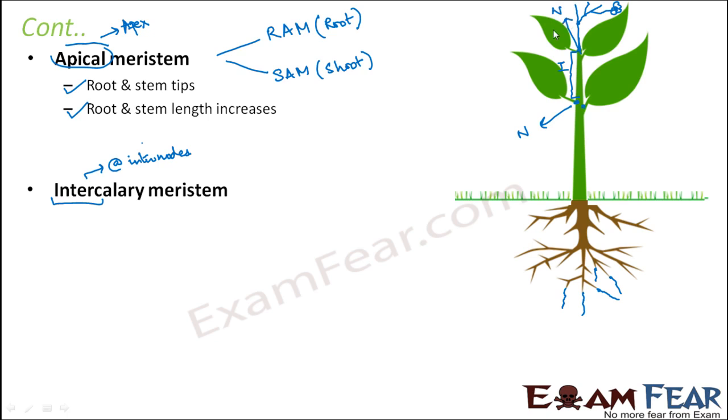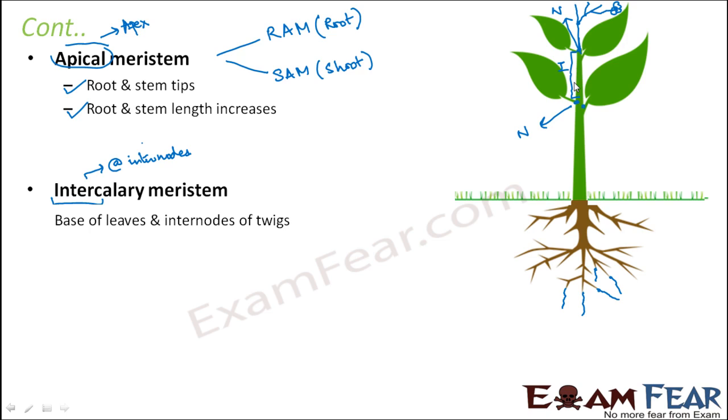So these meristems are present in the internodes, that is the region between two consecutive nodes. They are present at the base of leaves and internodes of twigs. So leaf base as well as internodes of twigs.